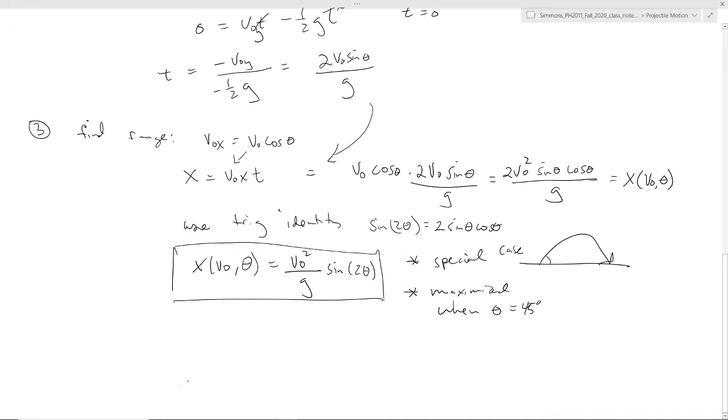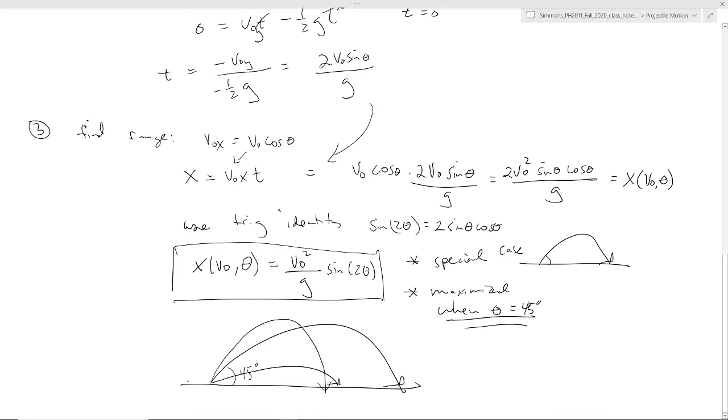Let me just draw this cartoon bigger here. If you throw it at a smaller angle, it'll be short. If you throw it at a larger angle, it'll also be short. So 45 gives you the max range. Cool.